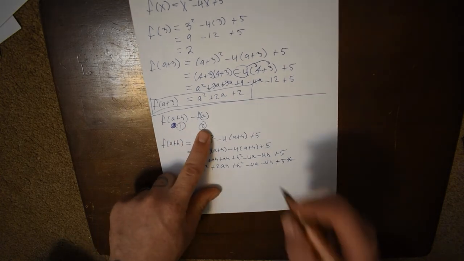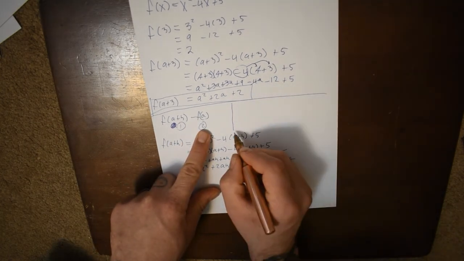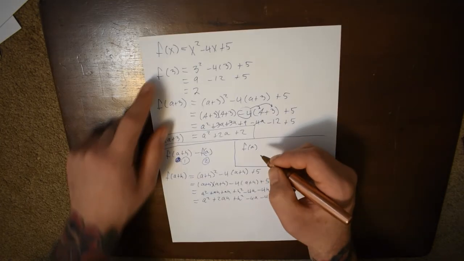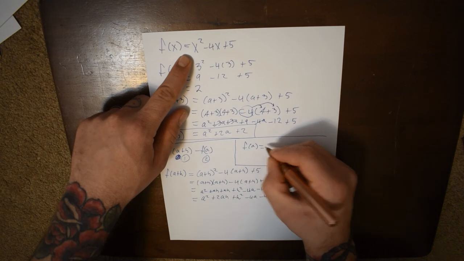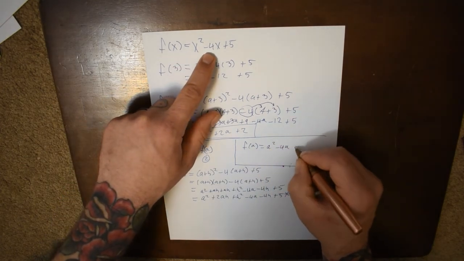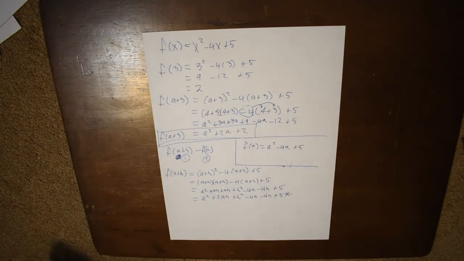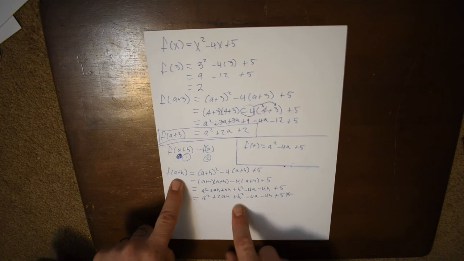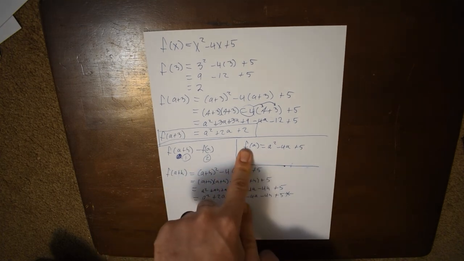And we have this f of a. So f of a, going back up to this original function, is equal to a squared minus 4a plus 5. Perfect. So we have both of our parts. We know what f of a plus h is. We know what f of a is.